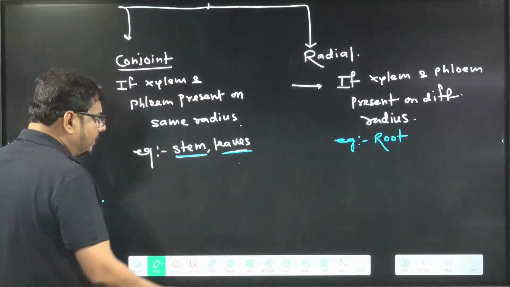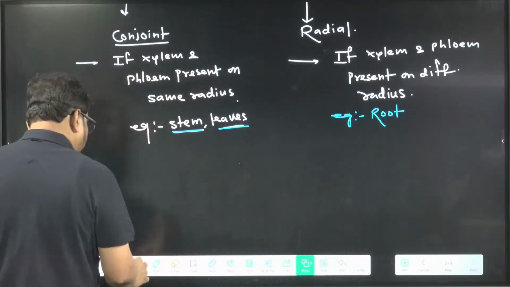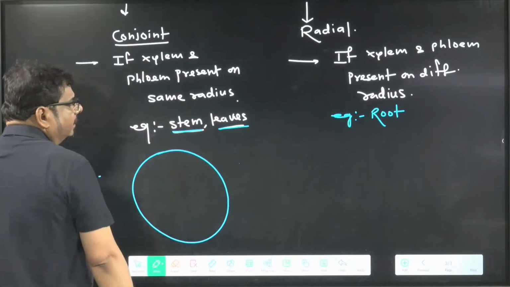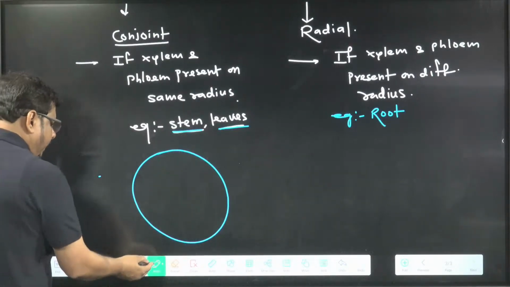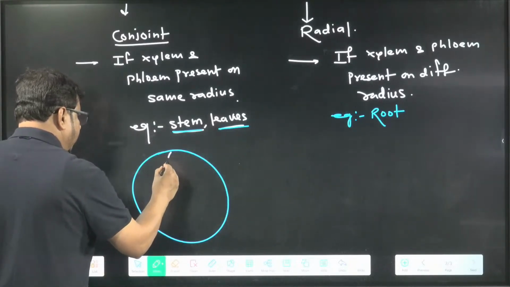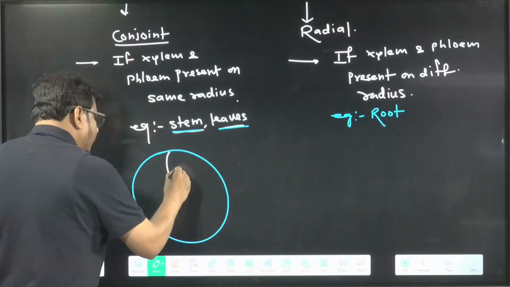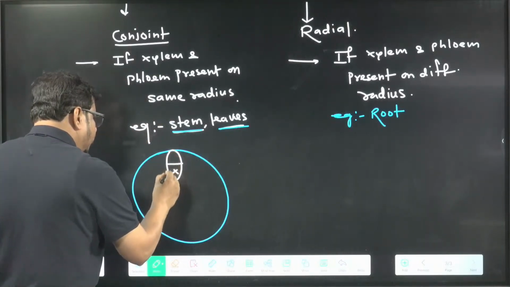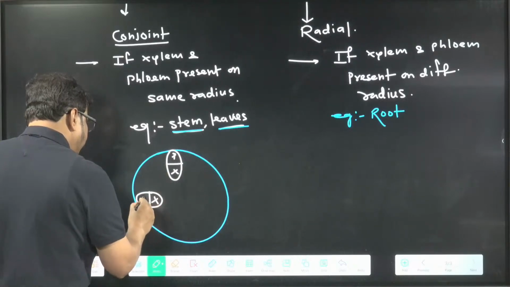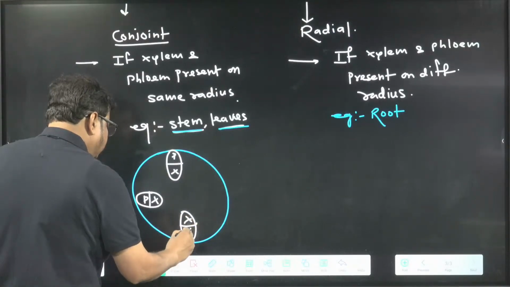Now I am drawing a diagram for your better understanding about the arrangement of conjoint and radial. Just have a look here, give your attention. So here I am drawing the structure of a conjoint vascular tissue system arrangement. This is xylem, this is phloem. Xylem, phloem.